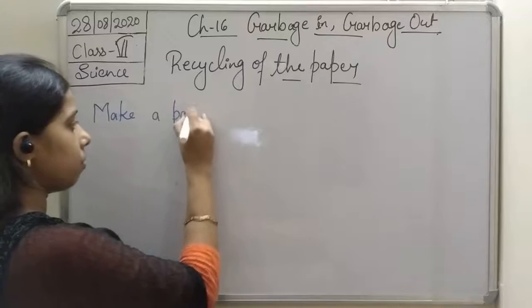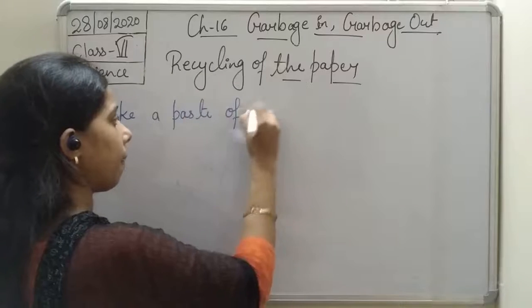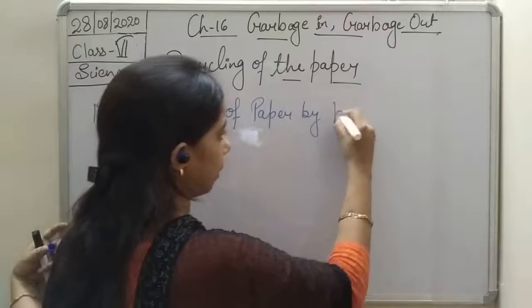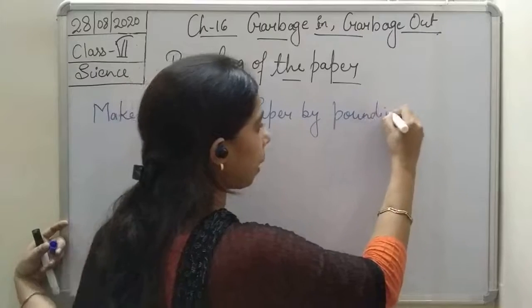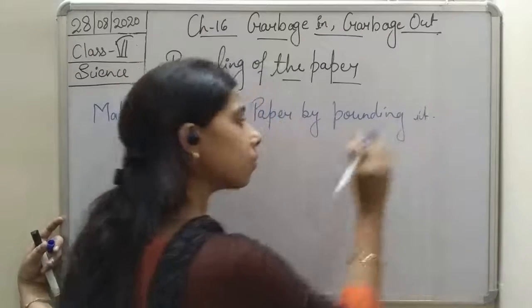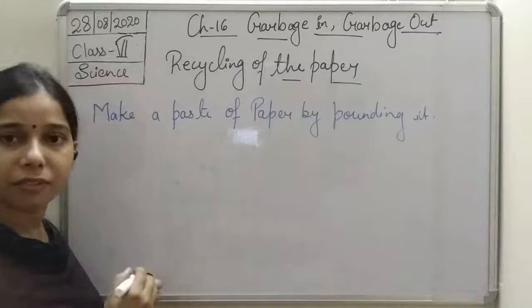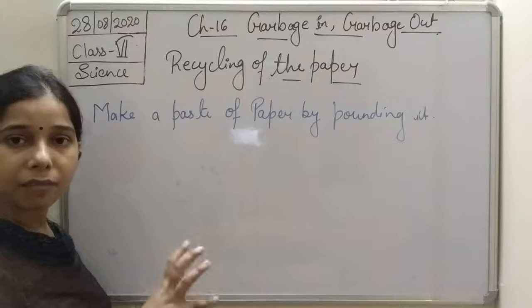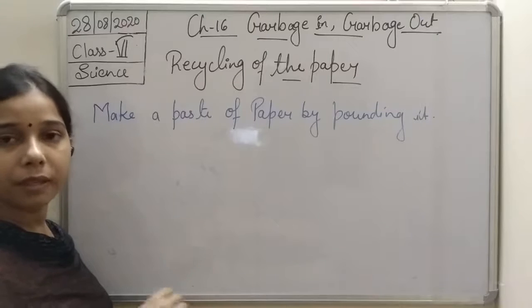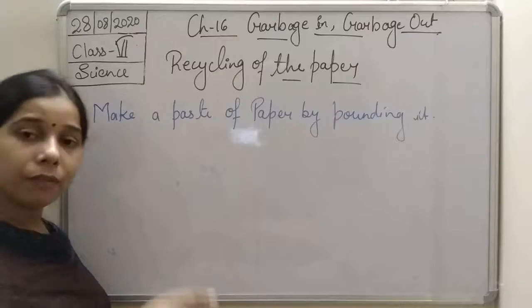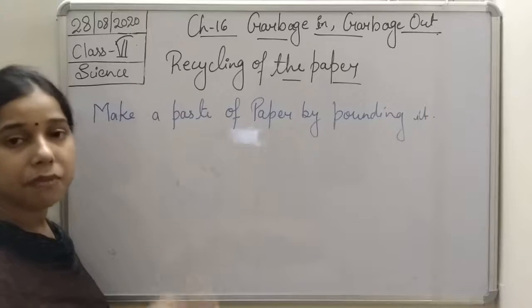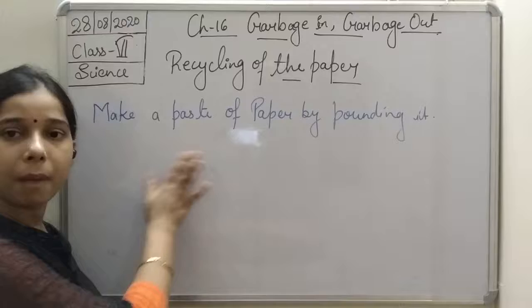Mixing it, pounding it. So this also comes in the first step. So what was there in the first step? Again I am telling you, at first we will take papers, tear them and keep them in the tub. Then we will pour water in it. After that, when it gets submerged, we will make a paste of the paper by pounding it.